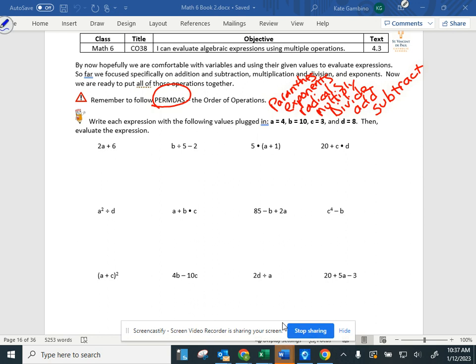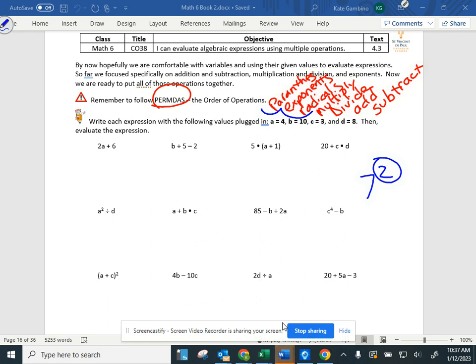We start with parentheses. Anything that's in parentheses, you do that first. Then we go back over to the left and we go across and we're going to do any exponents or radicals. Remember the exponent? It's been a long time since we talked about exponents. Exponents would be when we have that little number up top, when we square something.